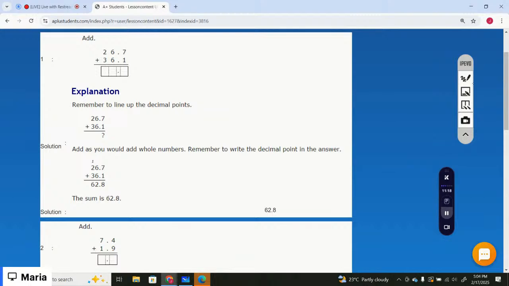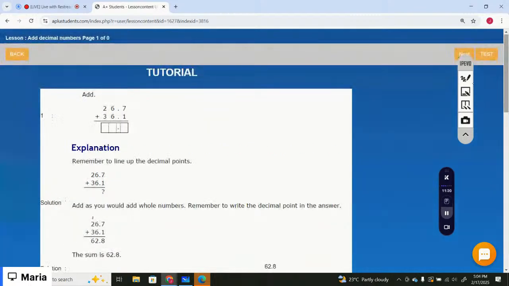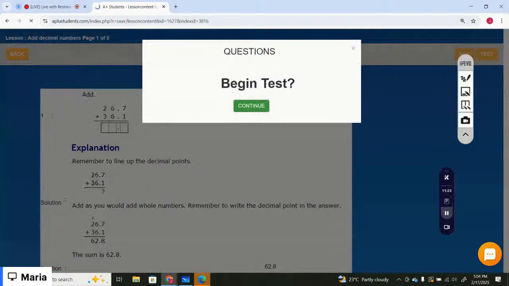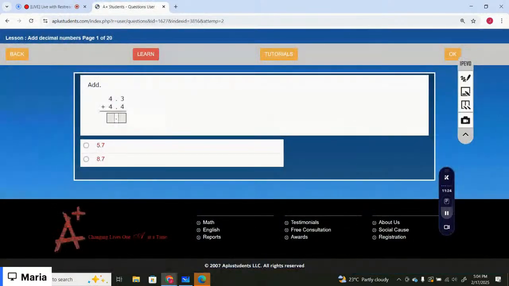Let's just start with the test questions. 4.3 plus 4.4.